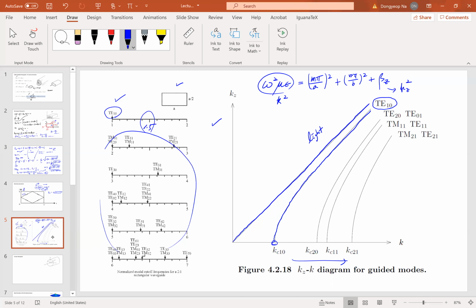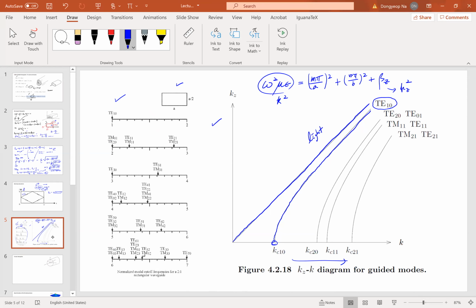You can see that as frequency increases, its dispersion converges to the light line propagating in free space. So as frequency increases, this TE10 mode behaves like waves in free space.